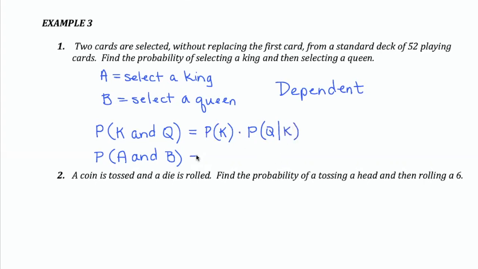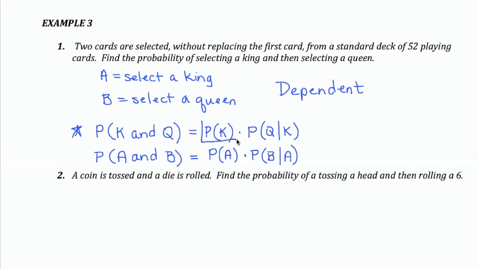Or if you are using the A and B notation, you would write it as the probability of A happening times the probability of B given A. Now, most often I prefer doing this rather than using the generic A and B, but really it's whatever you're comfortable with. So in order to get my final answer, I need to calculate these two probabilities.